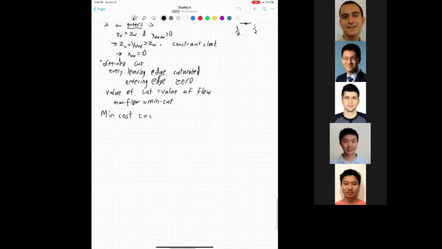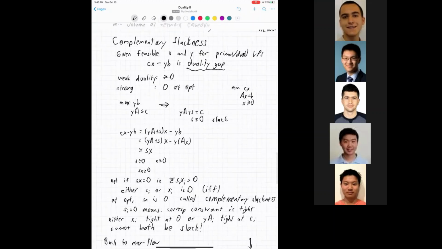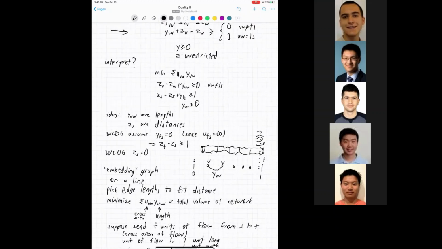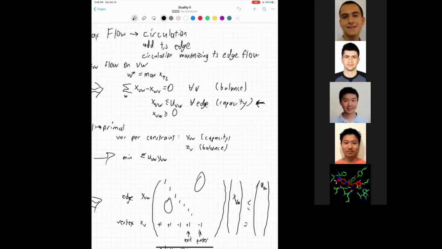So if I go back to my max circulation problem, what do I need to change in order to make it a min cost circulation problem? Change the objective function. Exactly.